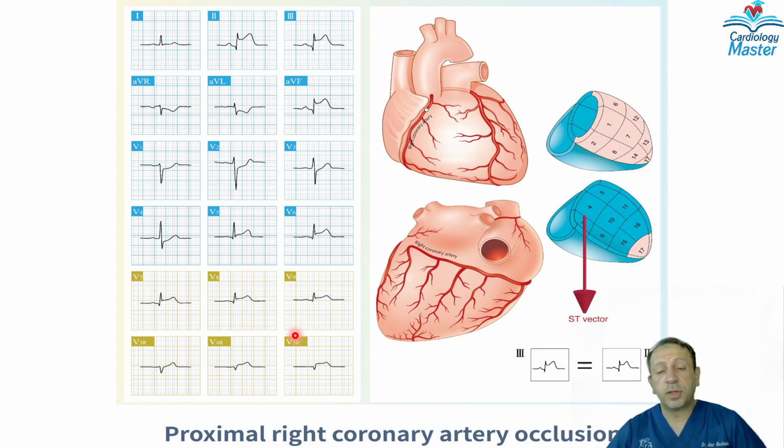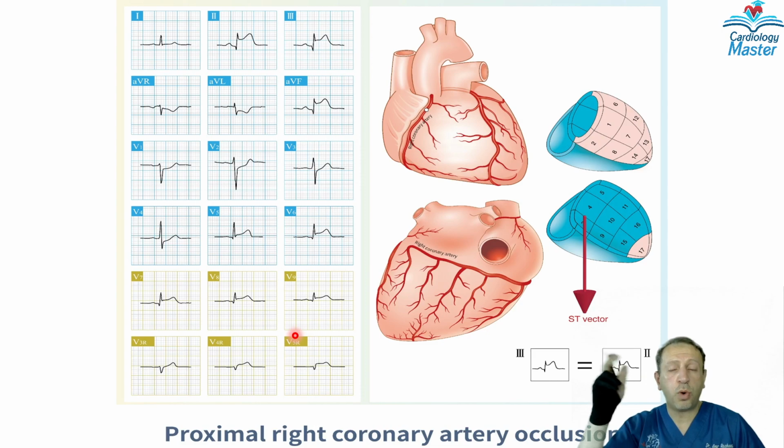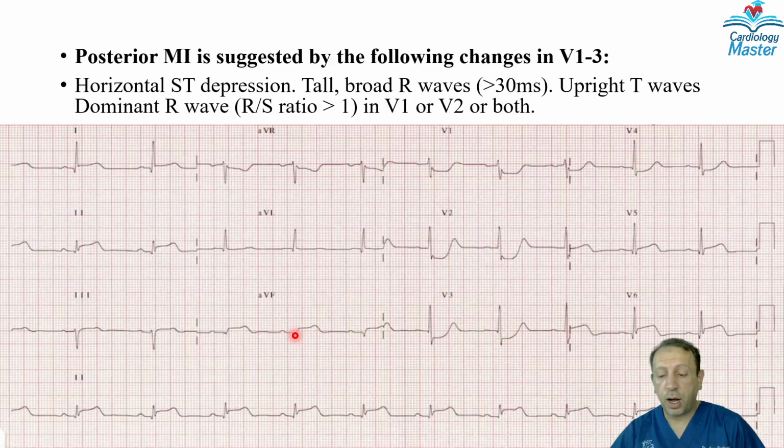How does a right coronary artery occlusion manifest? As we said, the right coronary supplies the posterior wall of the heart, the posterior interventricular septum, and the right ventricle. How should we discriminate this? By the presence of an element of inferior ST elevation. But most important is how to recognize posterior MI on an ECG.